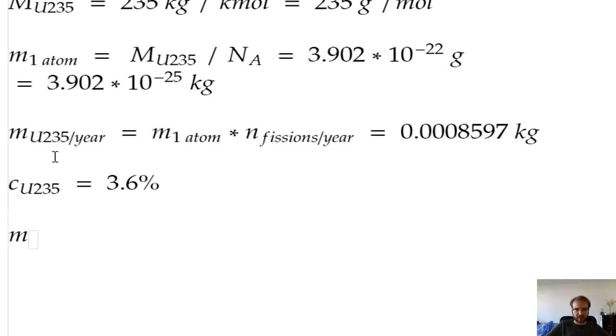So the mass of U-235 fuel, where the rest of the fuel is mostly just uranium-238, is now the mass of the pure uranium-235 required divided by this concentration.